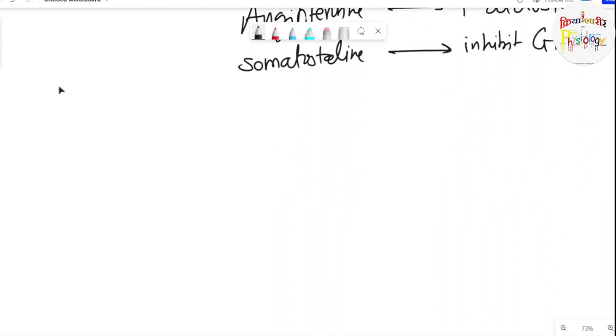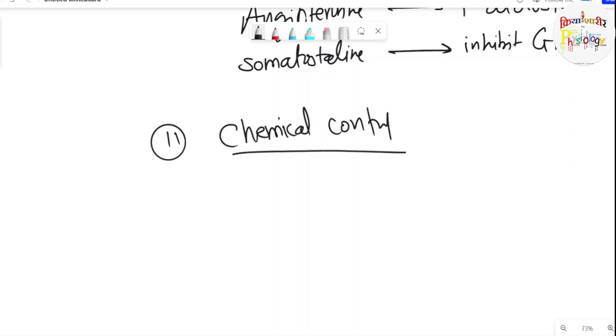Now the second one is chemical control. Chemical changes in body fluid can lead to secretion of hormone. Either it could stimulate the secretion of hormone, or it could inhibit the secretion of hormone.